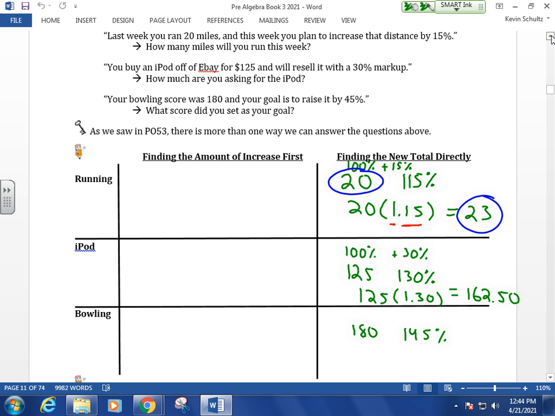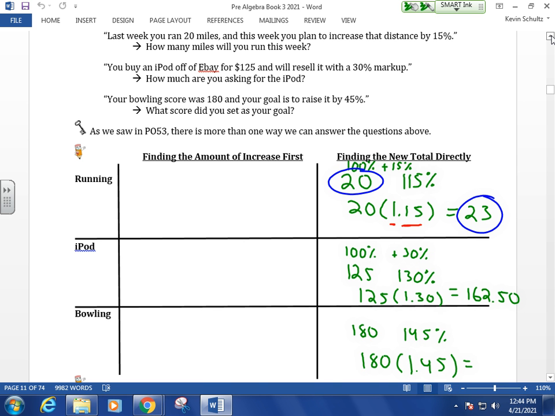We want the original 180 and 45% more. So we're going to take 180, multiply that by 145%, which the decimal is 1.45. Adding that one whole there ensures we get the 180 back again, and then the 0.45 is the extra that's going to be added on, that additional 45%.